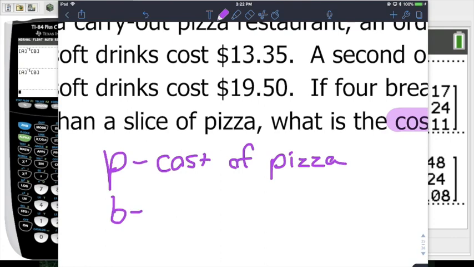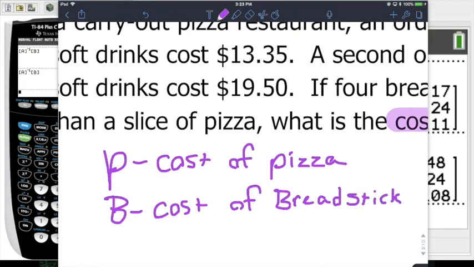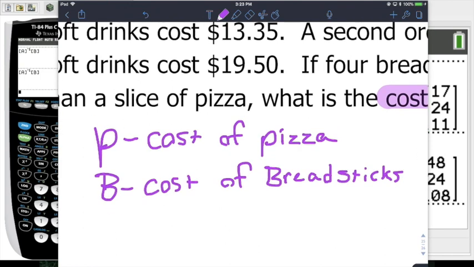And then B, I'll use capitals so we don't get confused here. Cost of breadsticks. And then I've used an S, that kind of looks like a 5, so I'll use a D here for cost of drinks.